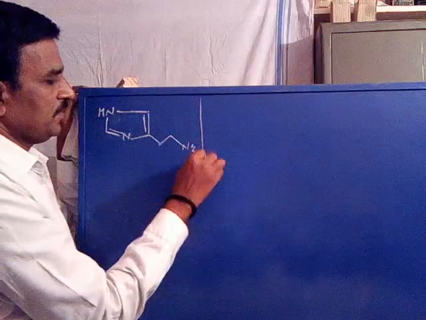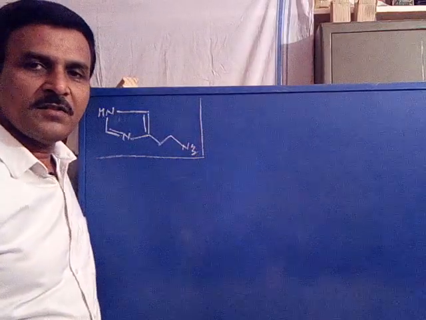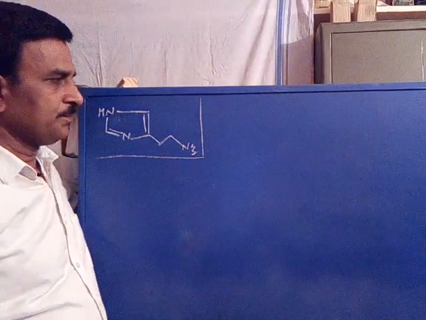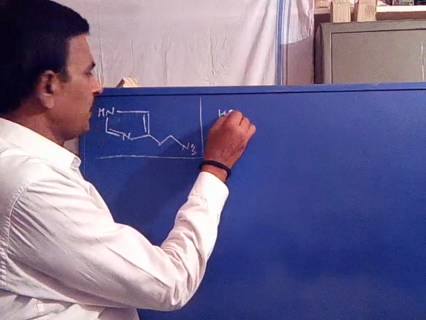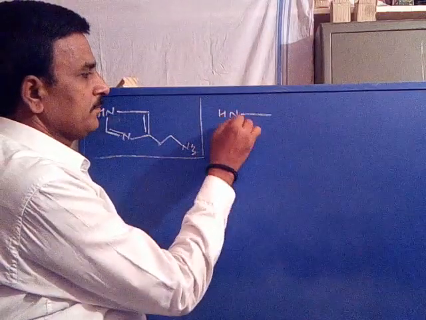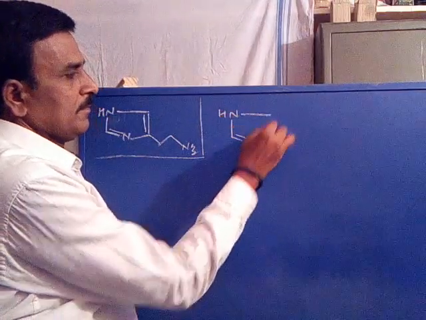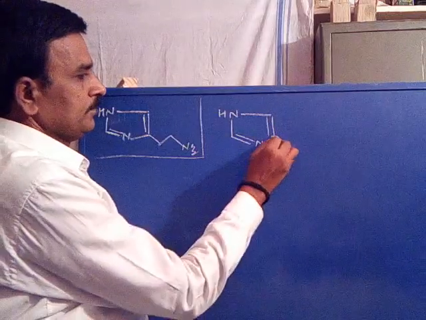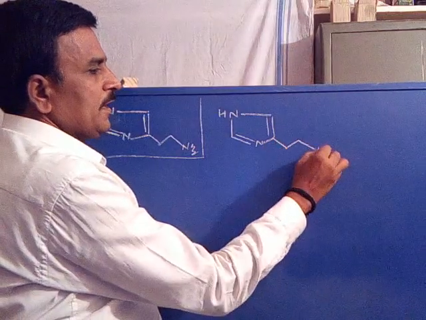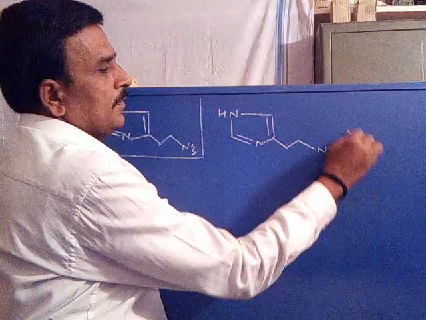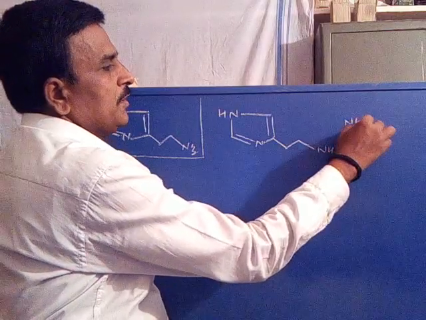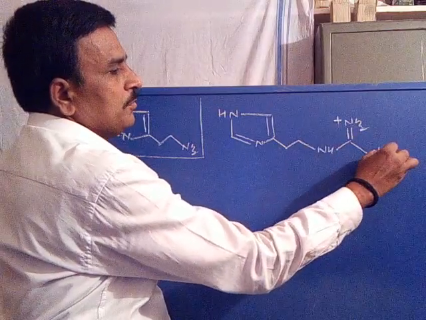NH2. So this is the histamine structure. Based on its structure, first its guanidine derivative was designed. NH here, C double bond NH2 here, positive charge NH2.